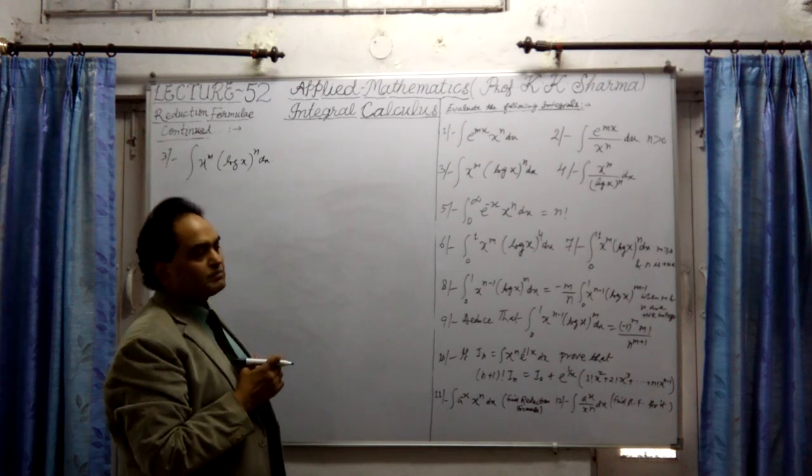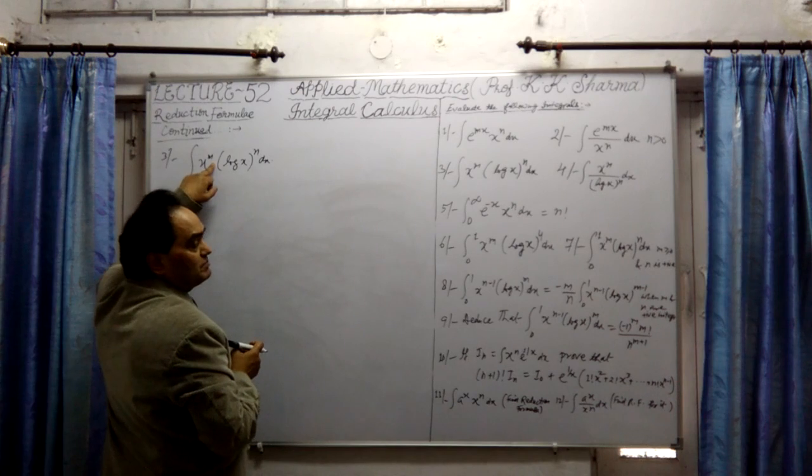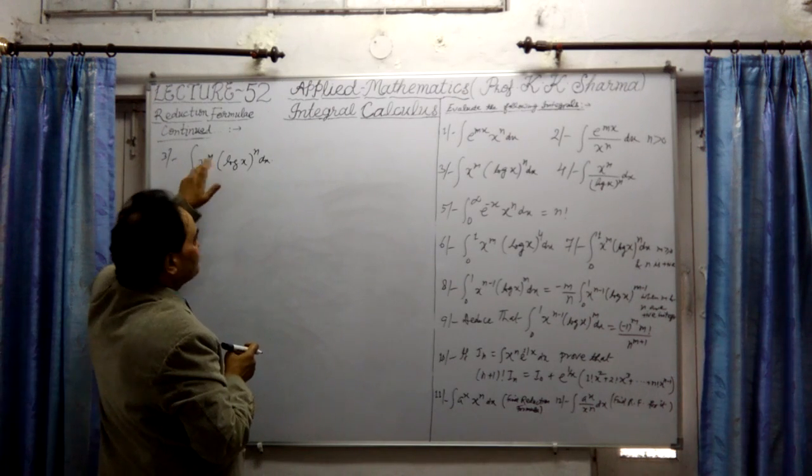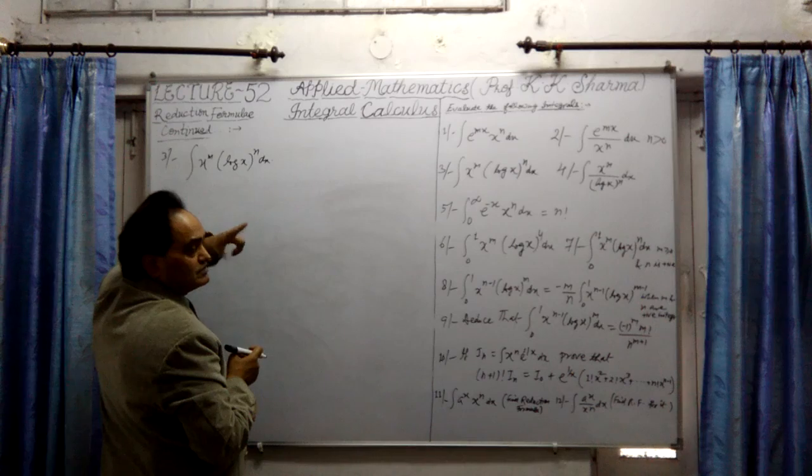If it is not negative n power, then we cannot reverse the Euler formula.